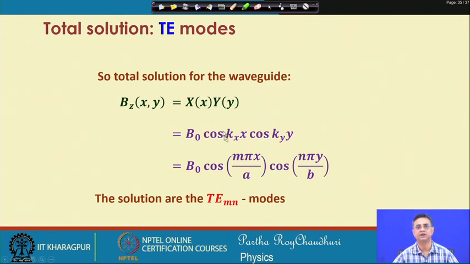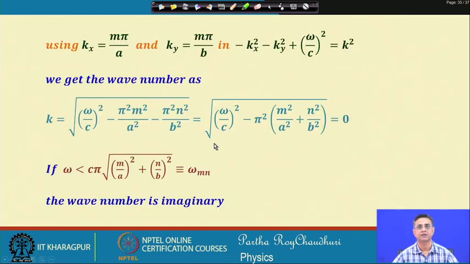So, you get all the TE m n modes: 1 2, 2 2, 2 3, etc. These are the various modes which can be found simply by plotting this function as a function of x and y. Using this condition, once again we can look at the dispersion relation and the cutoff conditions.